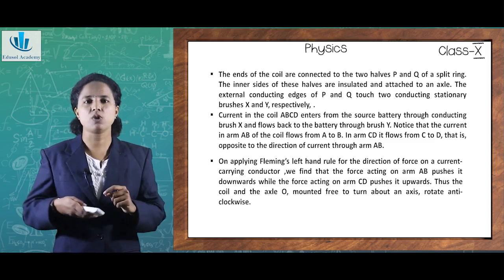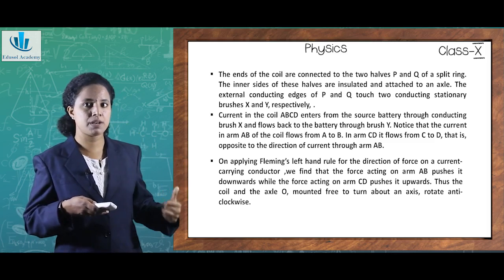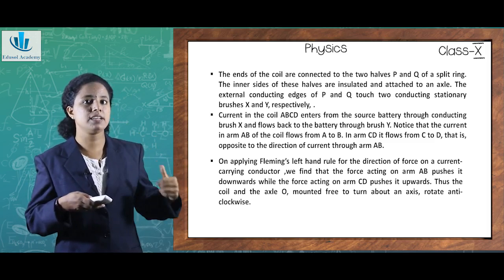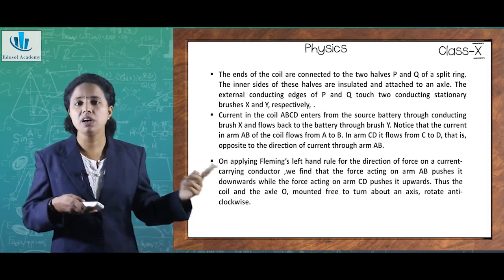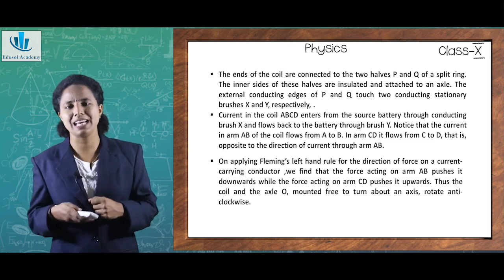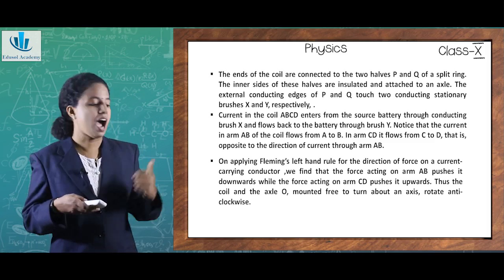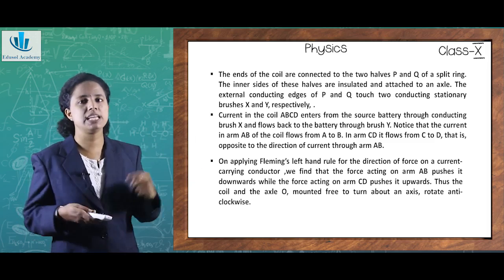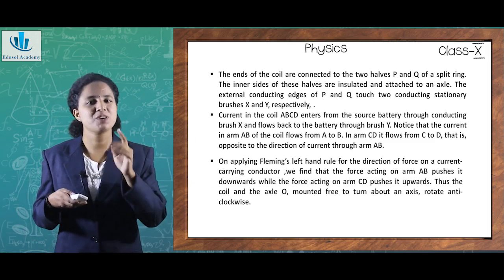You can clearly notice that the current in arm AB and the current in arm CD have different directions of flowing, isn't it? We have already stated that arm AB and arm CD are perpendicular to the direction of the magnetic field.